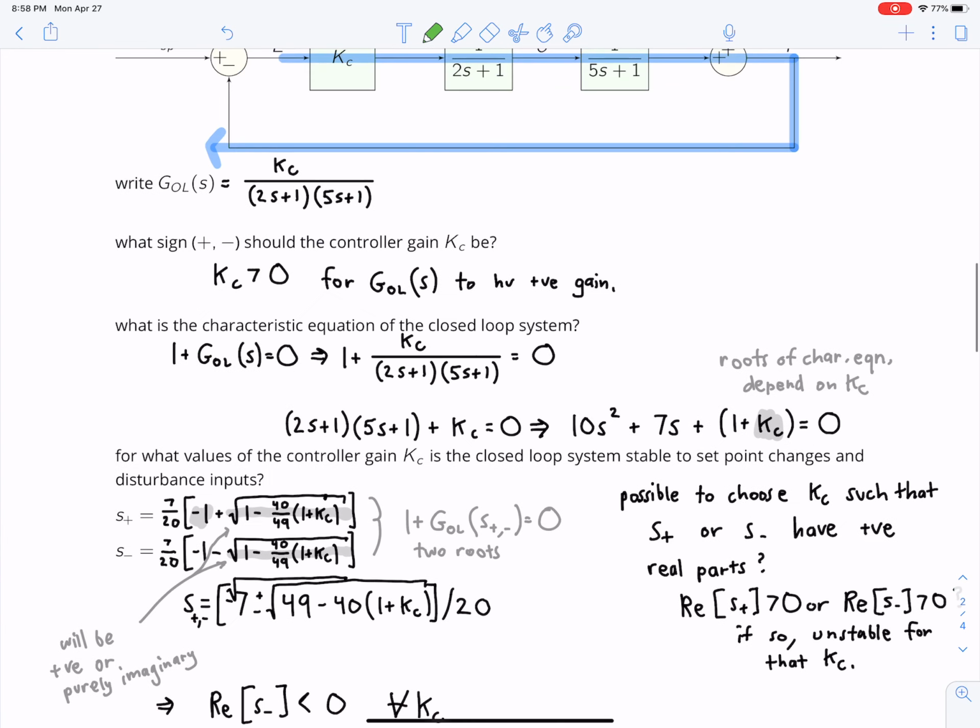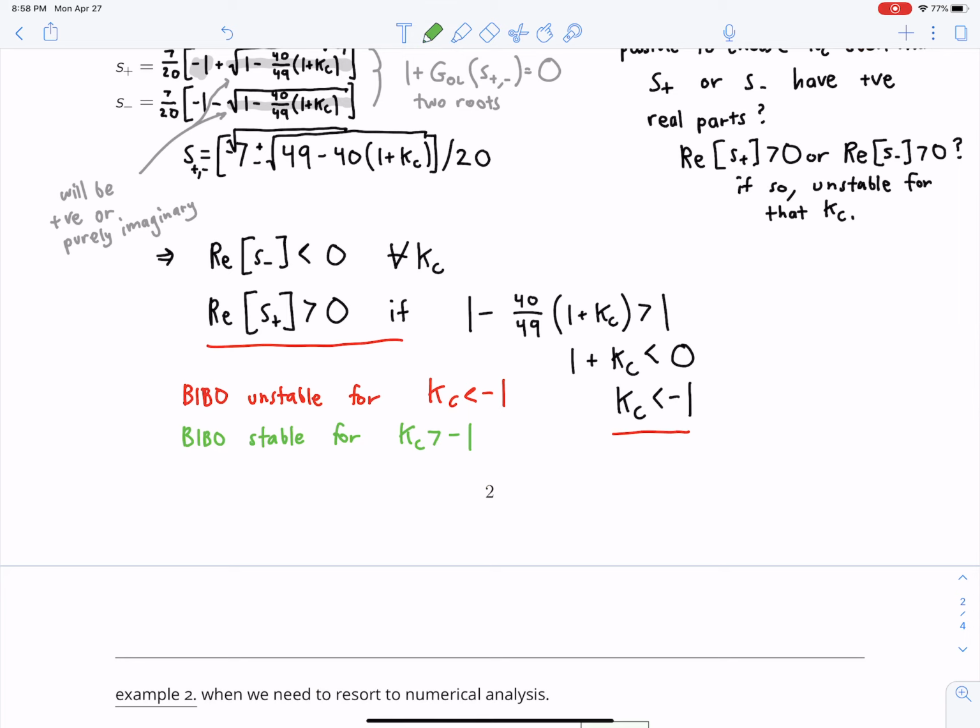And actually, we argued that the controller gain has to be positive for the correct response, so it's actually stable for all rationally chosen Kc's. If you choose Kc to be the wrong sign, it could still be okay if it's really small. However, if you choose the wrong sign and it's quite big, then your system will be unstable.